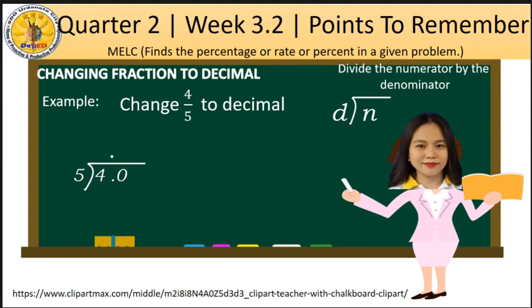So we have 40 divided by 5, and that is 8. 8 times 5 is equal to 40. 40 minus 40 is equal to 0. So 4/5 is equal to 8/10.